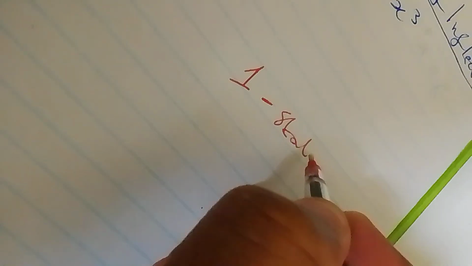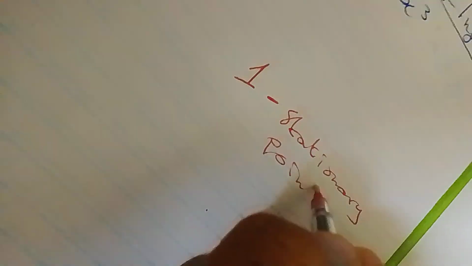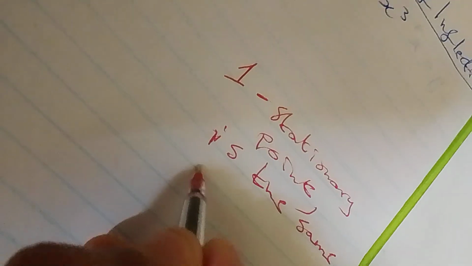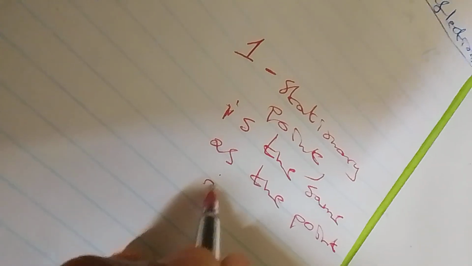This graph can only happen if you have one stationary point, and then this one stationary point is the same as the point of inflection.